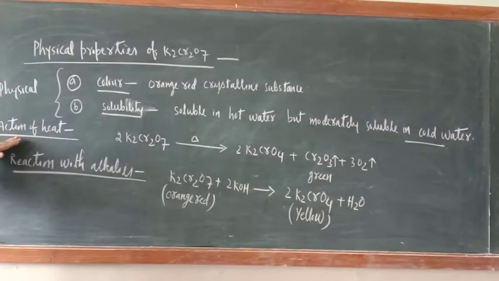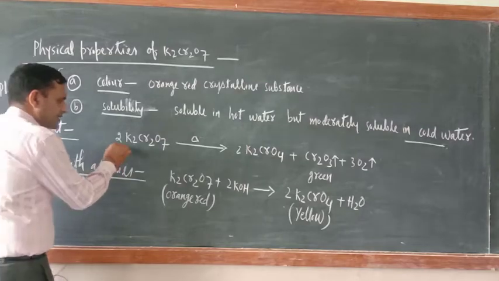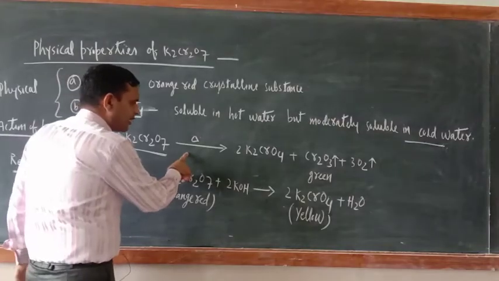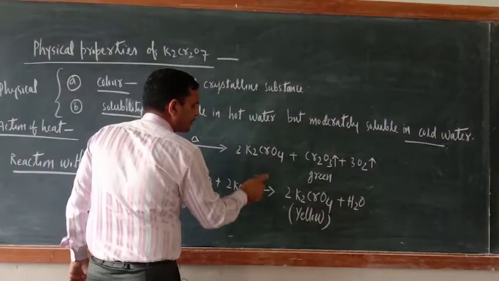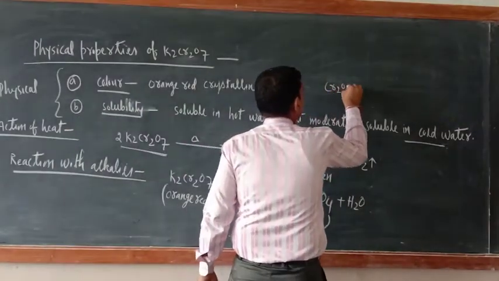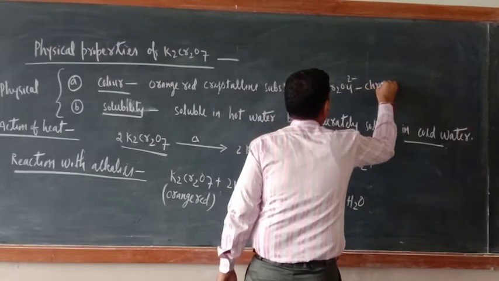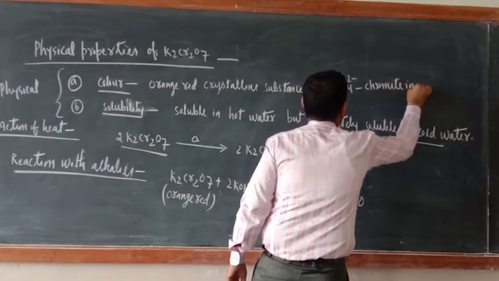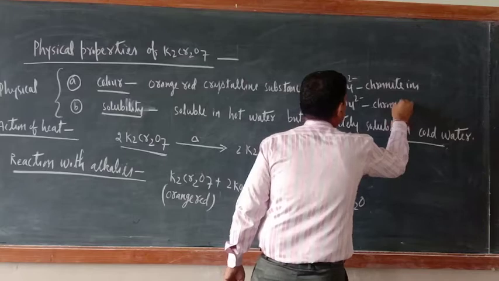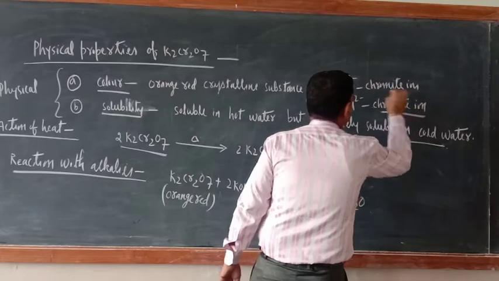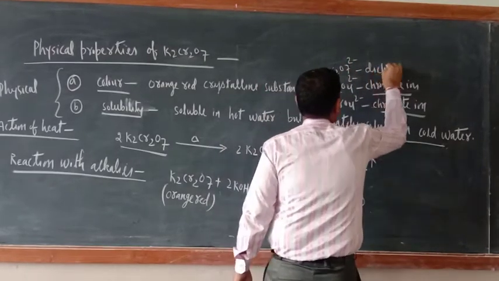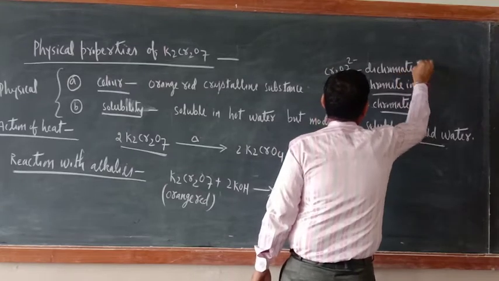Now chemical properties. The first one is action of heat. K2Cr2O7, that is potassium dichromate, if you heat it, will be converted into potassium chromate. Yesterday only I told you: CrO2 2 negative is chromite ion, CrO4 2 negative is chromate ion, and Cr2O7 2 negative is dichromate ion.